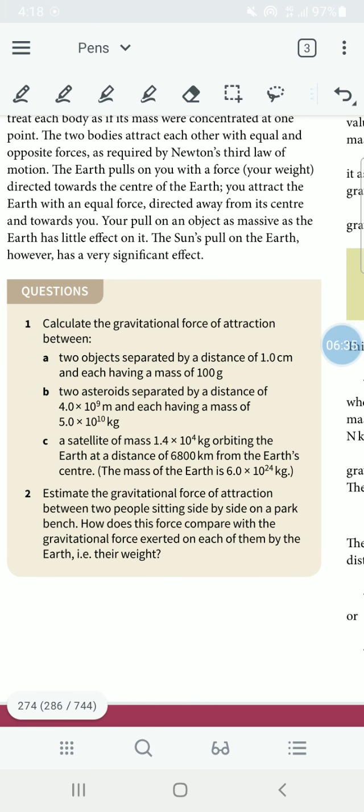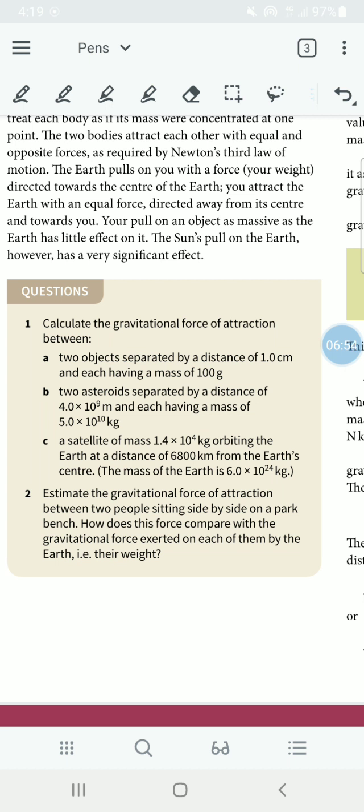Estimate the gravitational force of attraction between two people sitting side by side on a park bench. How does this force compare with the gravitational force exerted on each of them by the Earth, that is their weight? So we have to estimate. You can take a general value of weight.